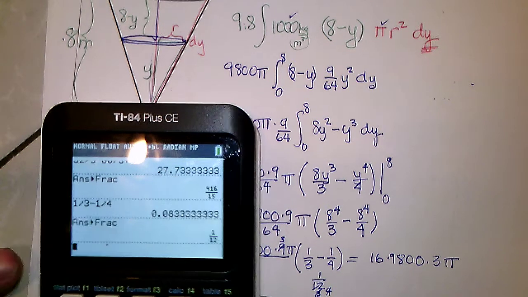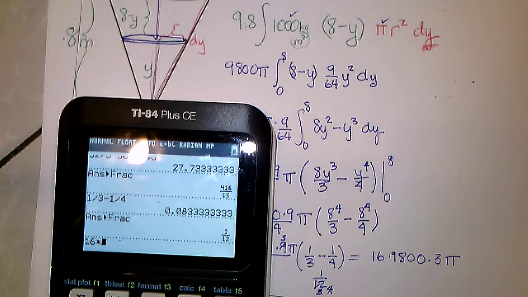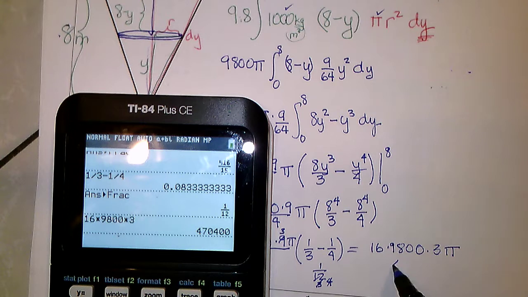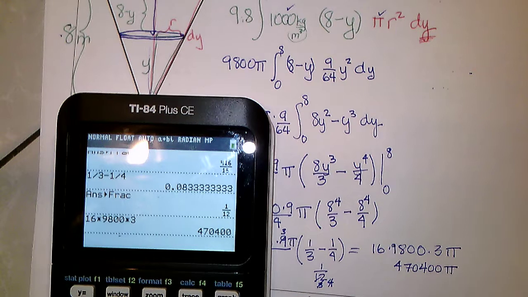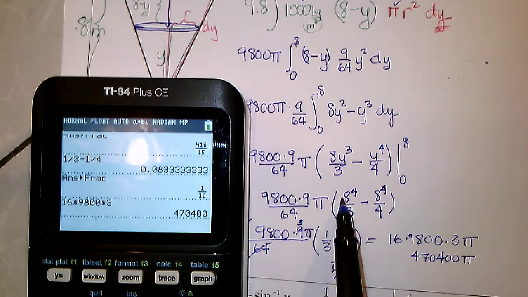That would be 16 times 9800 times 3, 470,400 pi.